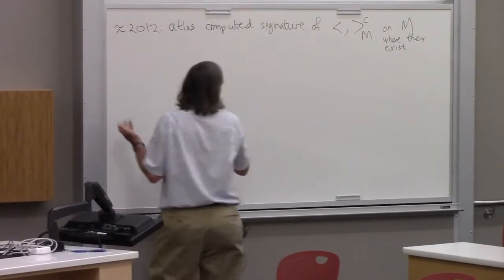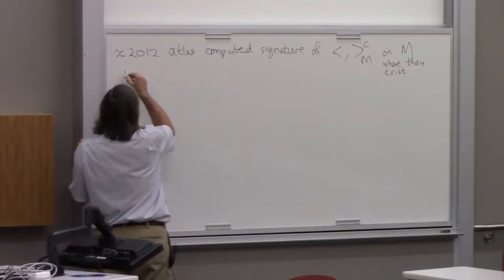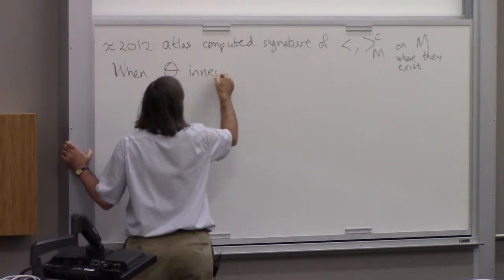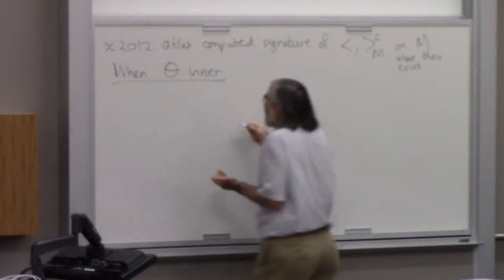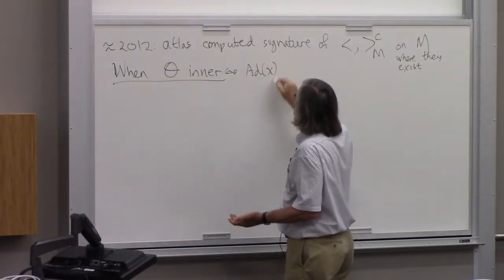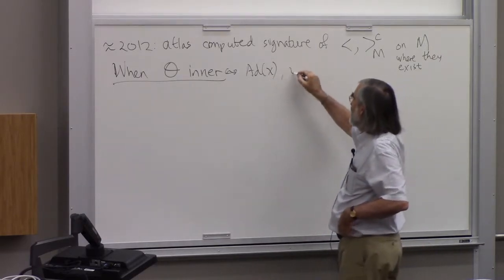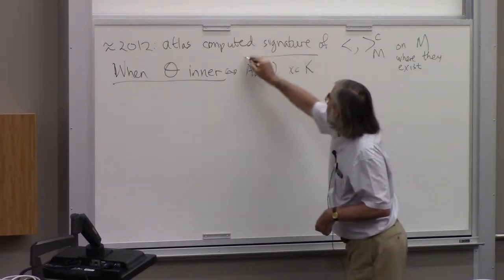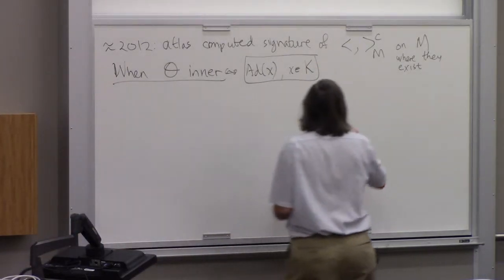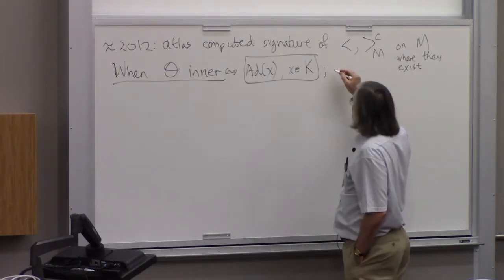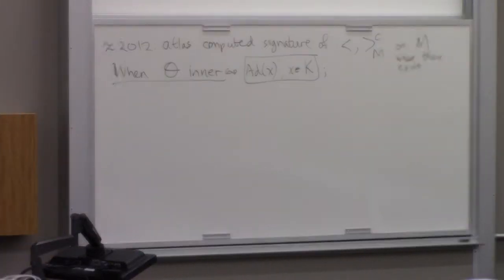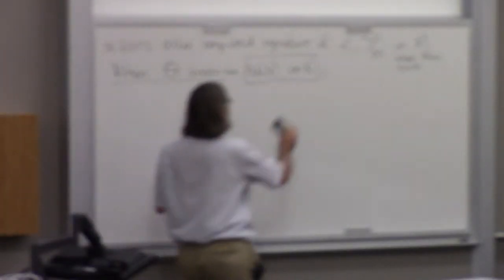And well, when theta is inner, it corresponds to just the adjoint action of some x. I mean, that's what happened here, and so you just, actually this x is necessarily in the center of K.